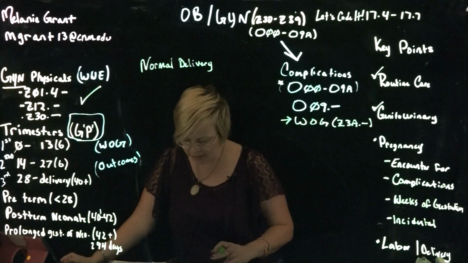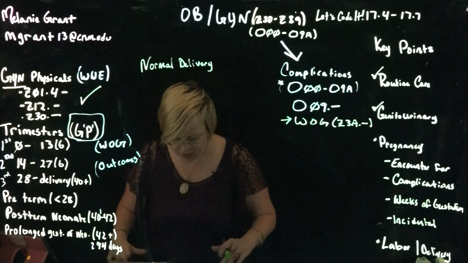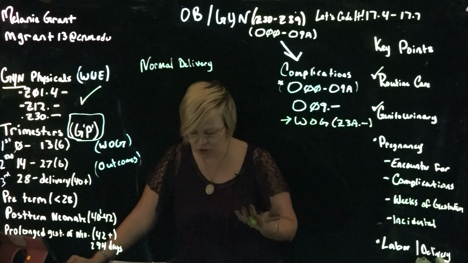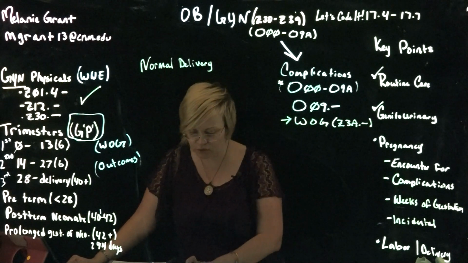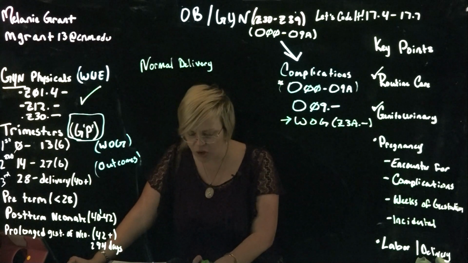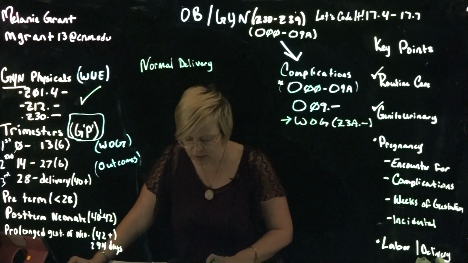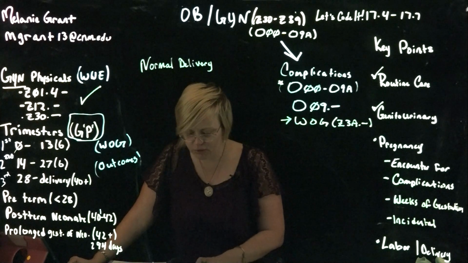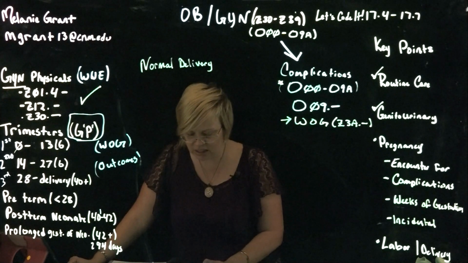Okay, so O80 is found under encounters for delivery. You have two different types here. O80 is for encounter for full-term, uncomplicated delivery, defined as greater than 37 weeks, versus encounter for cesarean delivery without indication.